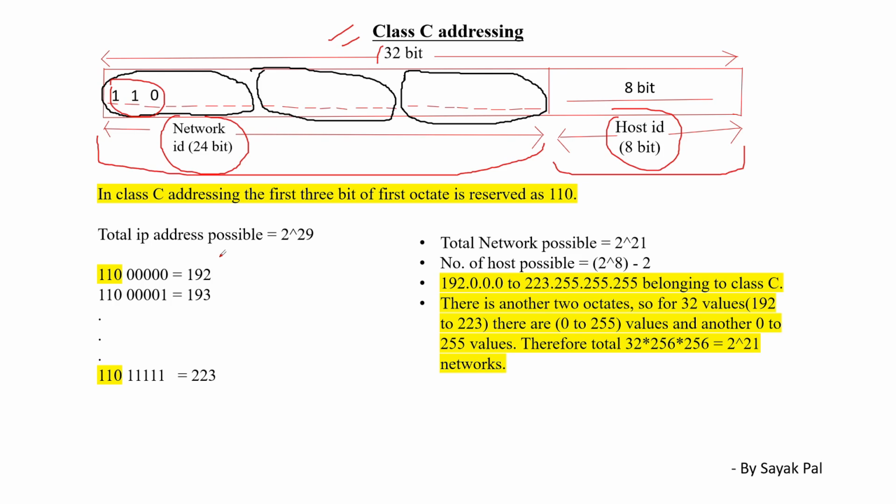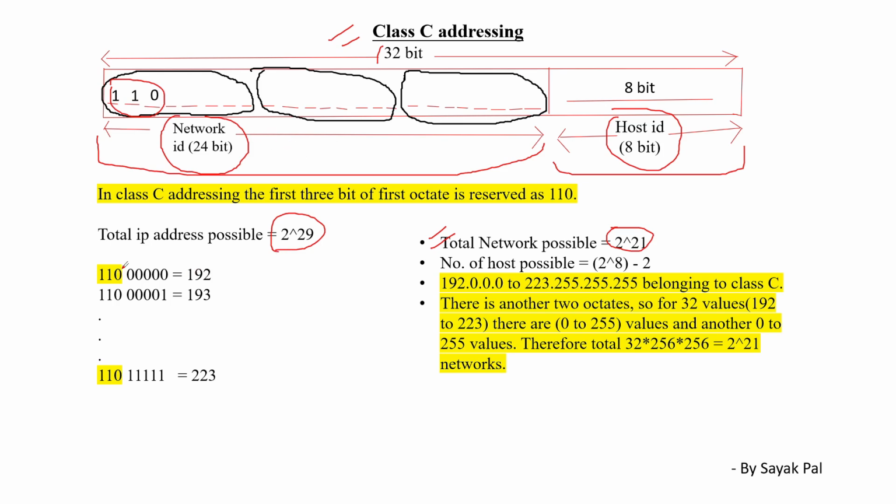That's why the total number of networks possible is 2 to the power 21. And how many total IP addresses are possible? That is nothing but 32 minus 3, 29. So 2 to the power 29 total IP addresses are possible.